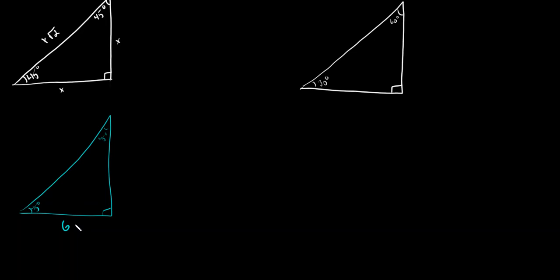If this side is 6 and these angles are congruent, then the sides are congruent, so this also has to be 6. Our legs are both 6. To find the hypotenuse, I would just do the leg, 6, times the square root of 2. That's all it is. If you have one of the legs of a 45, 45, 90, it's fairly straightforward.